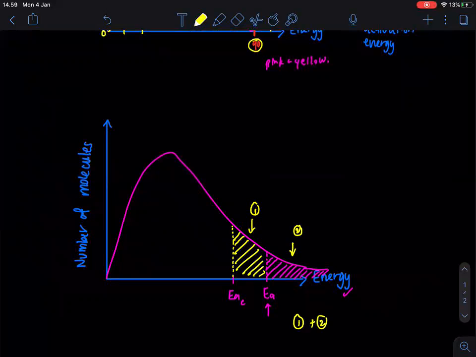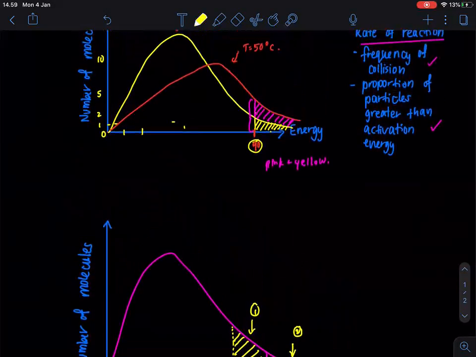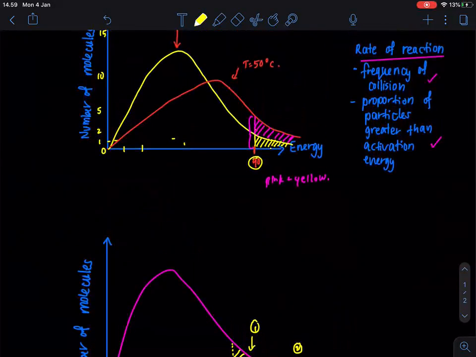These are going to be the proportion of particles that has more energy for successful collision, which is more than previously, which is just the pink part alone. Now you have more. So generally, this will increase the rate of reaction, because according to the recipe of rate of reaction, frequency of collision should be more.